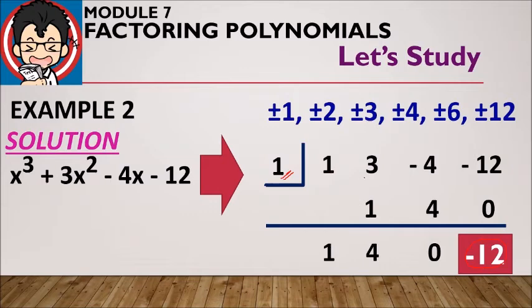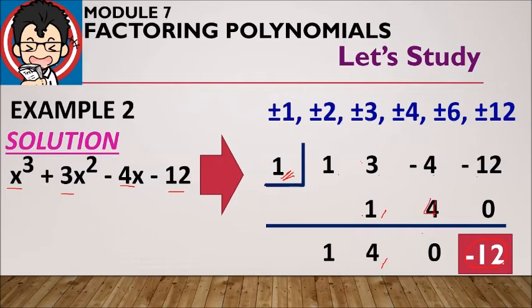So, 1, 1, 3, negative 4, negative 12. These are the numerical coefficients nung polynomial natin, so okay naman. So tuloy natin, bring down 1. Alright, 1 times 1, we get 1 here. 3 plus 1, we get 4. 4 times 1, we have 4.